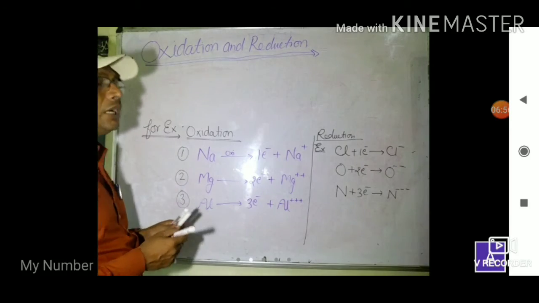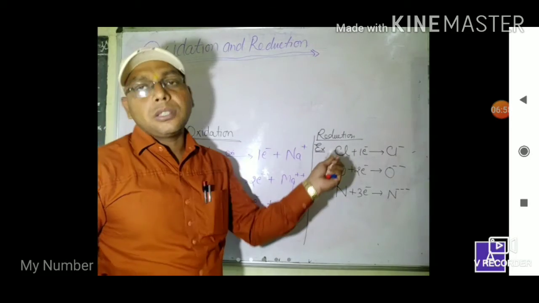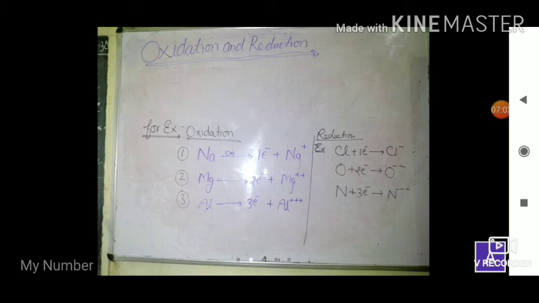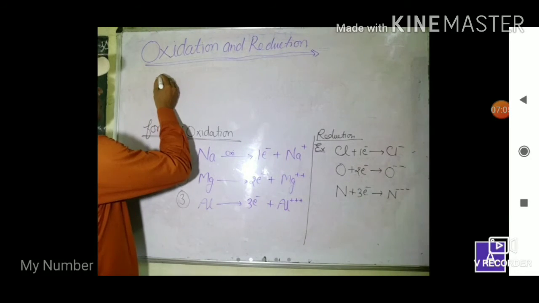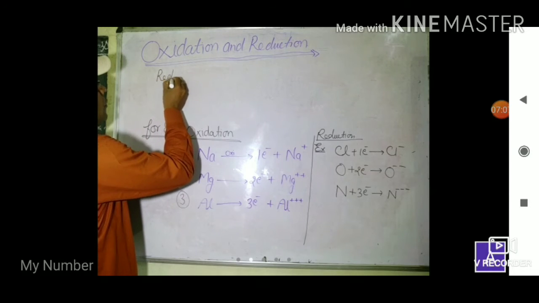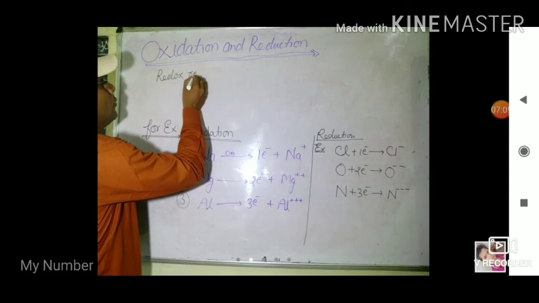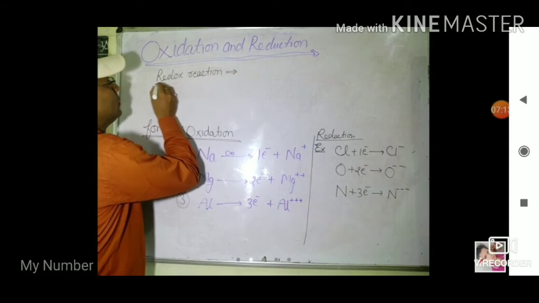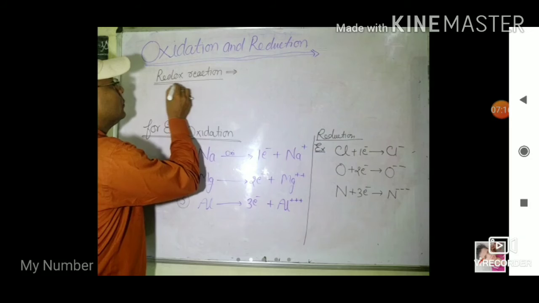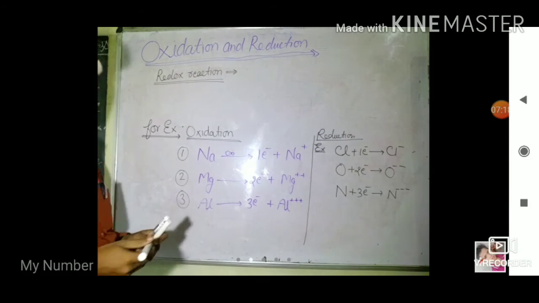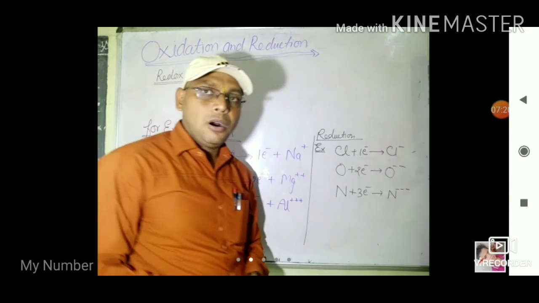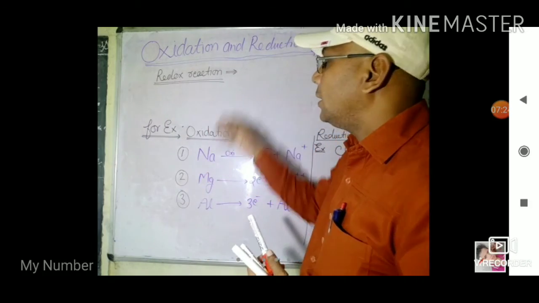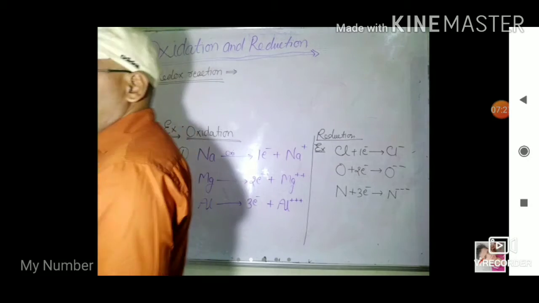When any reaction is composed of loss of electrons and gain of electrons, it is called a redox reaction. Redox means oxidation and reduction together. One of the components undergoes oxidation and another undergoes reduction.